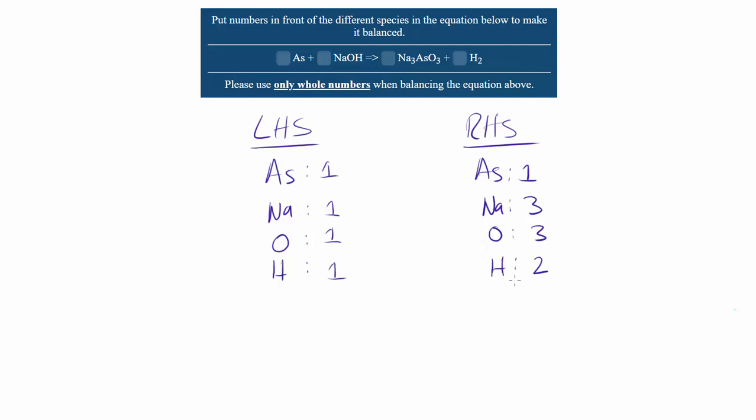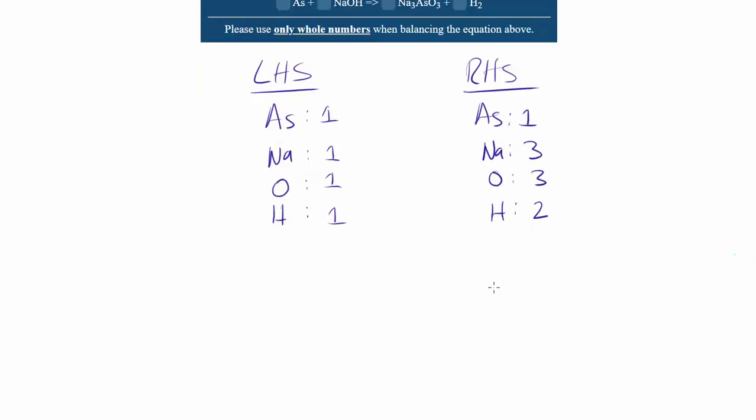As we can see from this auditing process, the only thing that is ostensibly balanced is the arsenic, but that's not where we need to get everything balanced.